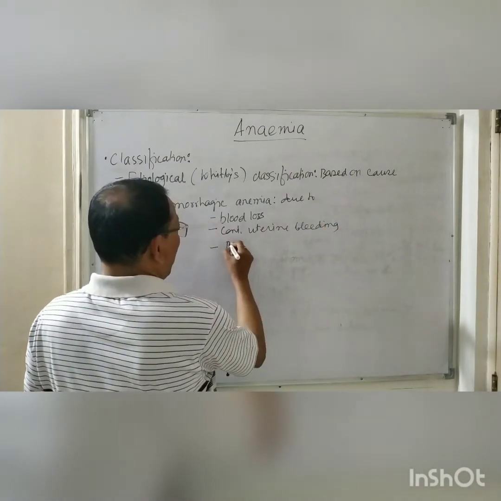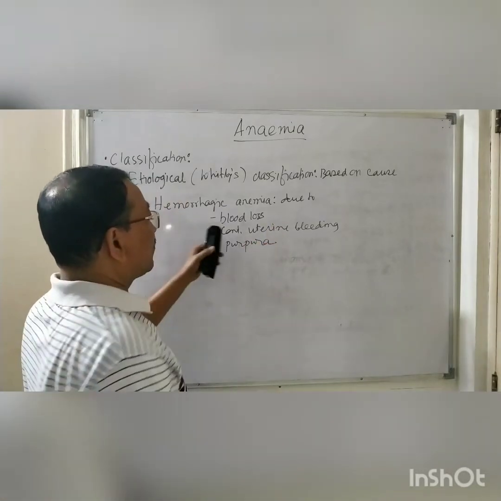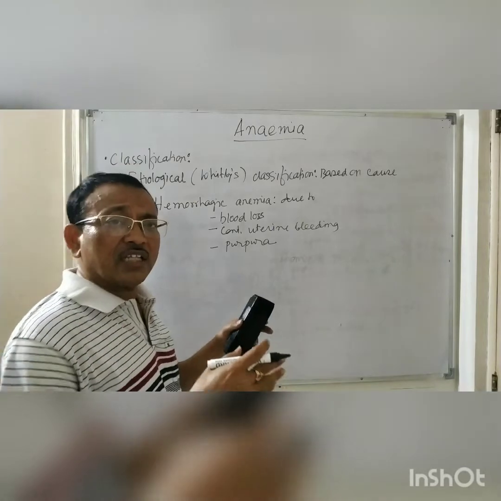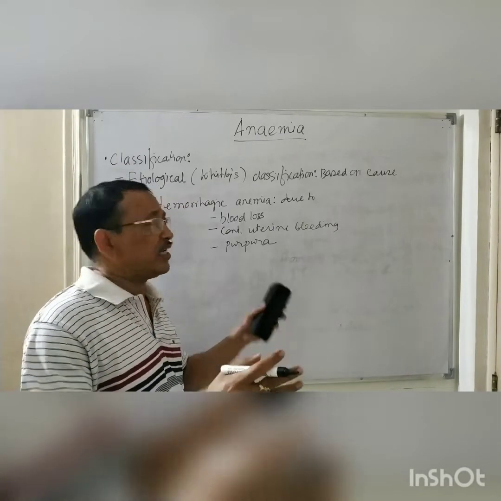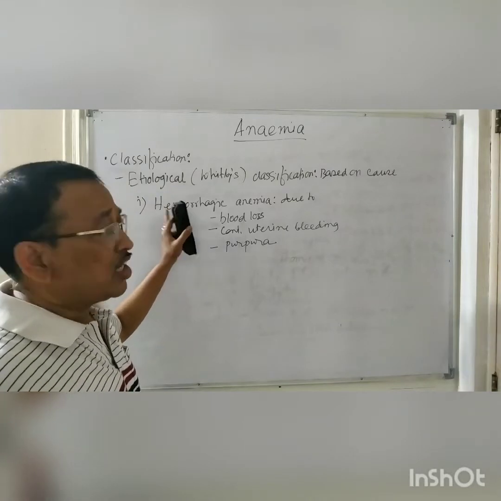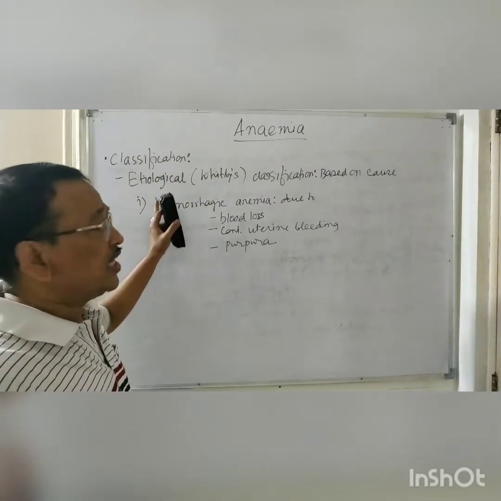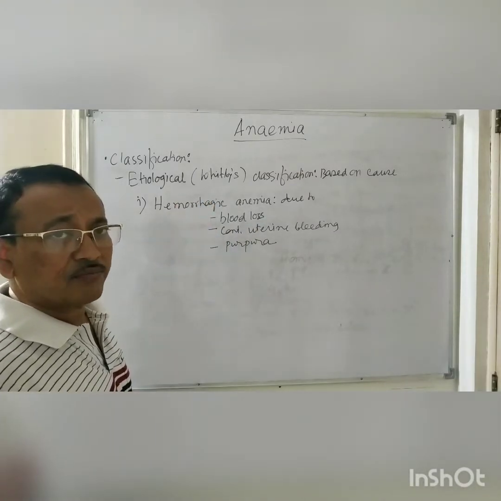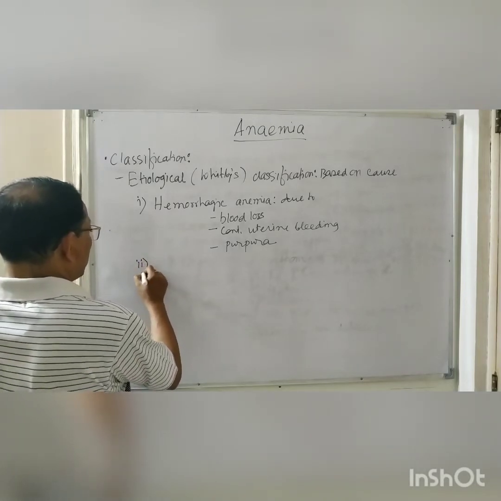There can be purpura. So these are the different causes because of which blood is continuously lost from the body, and that condition is known as hemorrhage. And if the anemia is due to hemorrhage, loss of blood, then that type of anemia is known as hemorrhagic anemia.